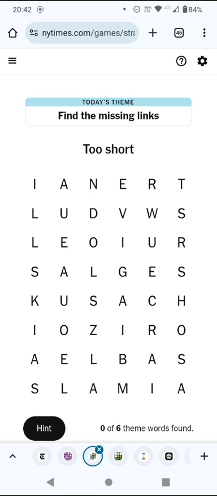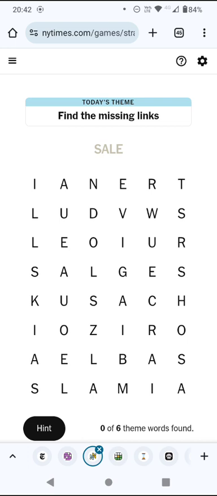What on earth are we going to do with all the vowels over here? What's the K going to be? I've got no idea. Find the missing links. I mean, it's not like the links between humans and monkeys.